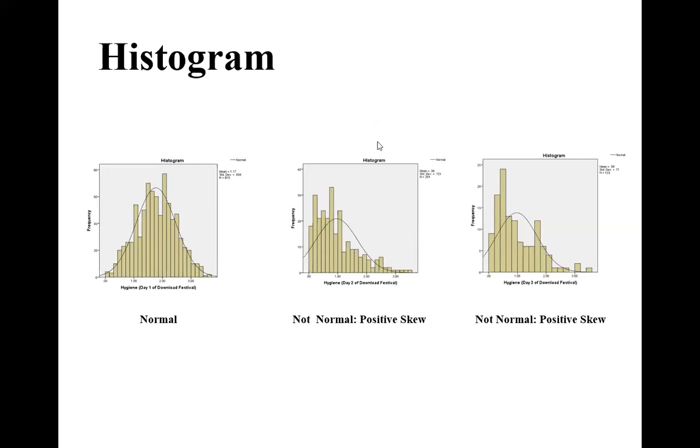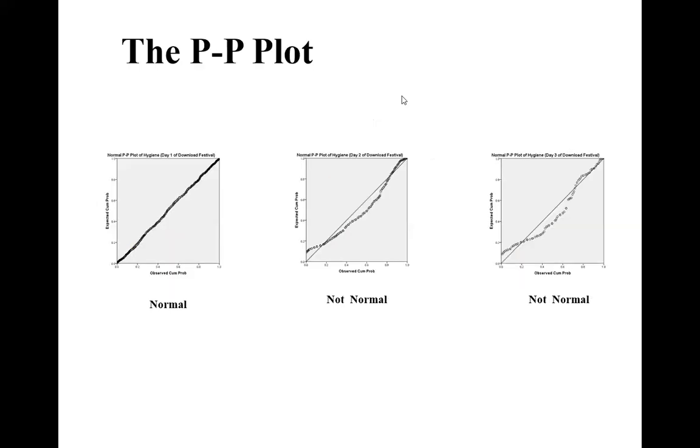The second method is the pp plot. Pp means probability plot. If all the observations lie on this principal diagonal, then you can say your data is normally distributed. If data deviate from this principal diagonal, you can say our data is taking the shape of a curve, so it is not desirable for us, it is not normal.